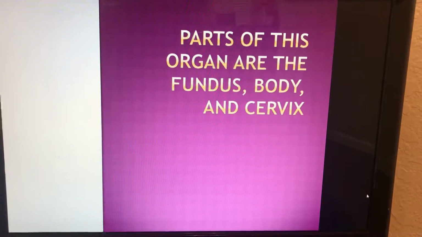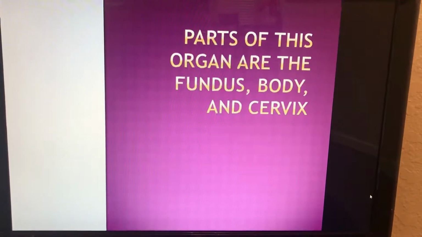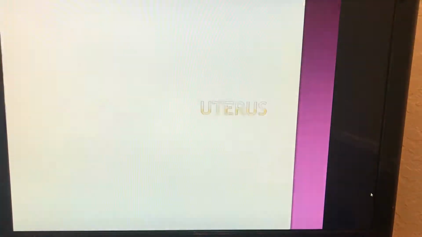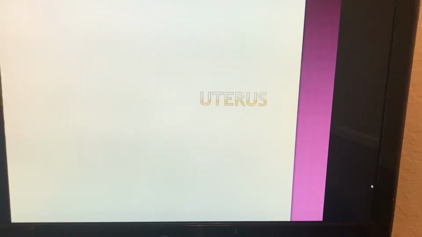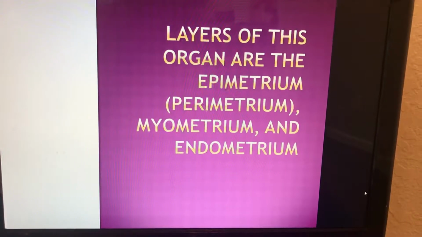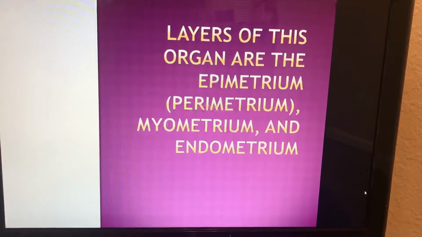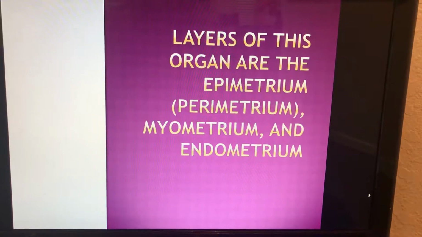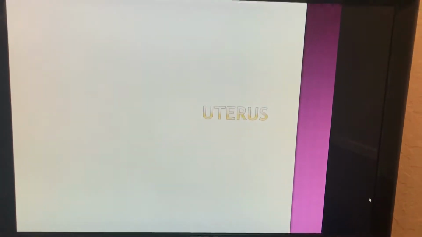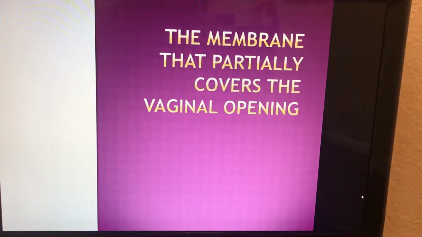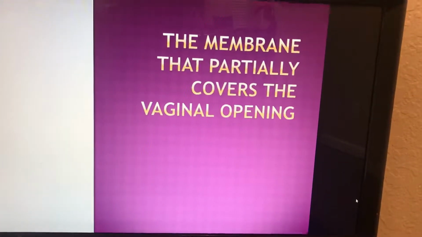Parts of this organ are the fundus, body, and cervix. The uterus. Layers of this organ are the perimetrium, myometrium, and endometrium. The uterus. The membrane that partially covers the vaginal opening.